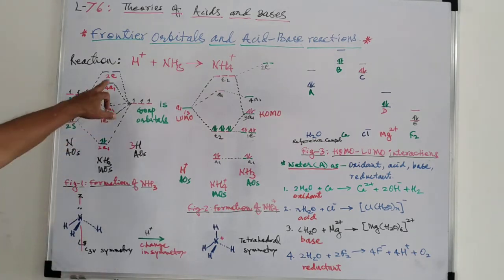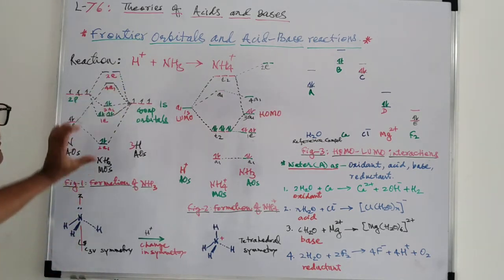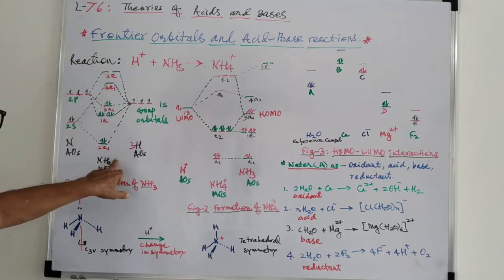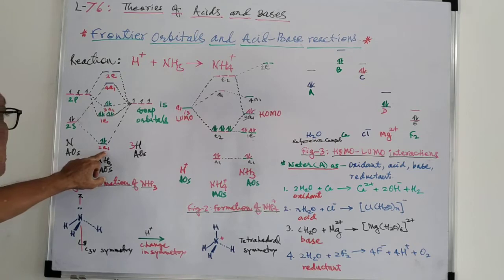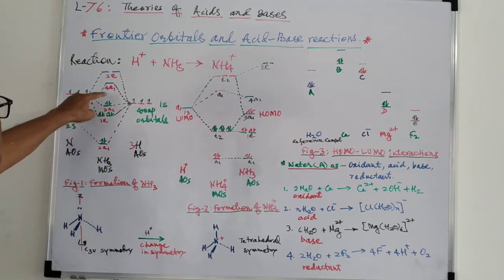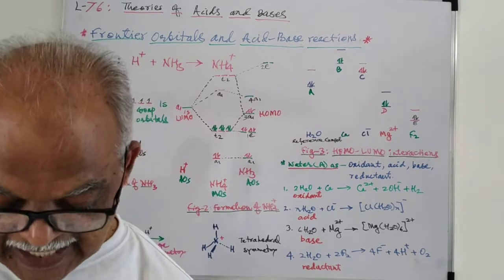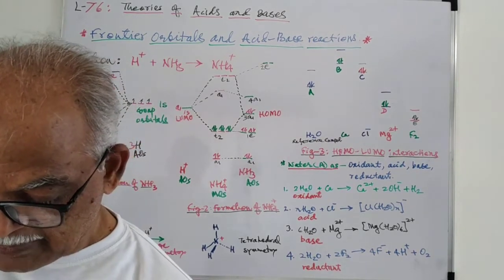Bonding molecular orbitals are produced here. So in this way we can get the molecular orbitals for NH3, which are 4 bonding and these antibonding molecular orbitals.